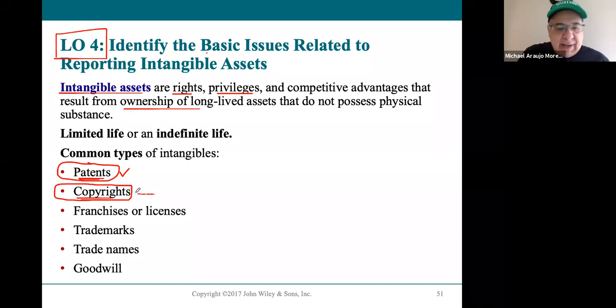Another company that has lots of copyright issues is Disney. All the characters that Disney owns are copyrighted characters. Whether you go way back to Mickey Mouse or Winnie the Pooh, their original big characters, or currently they own all the Marvel characters, they own all the Star Wars characters. So any of those characters are owned by Disney.